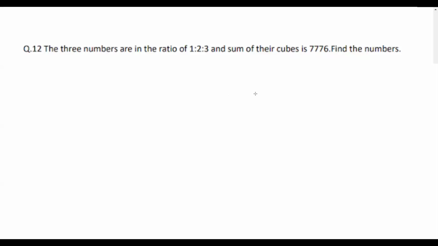Now we are on the last question of this worksheet. Question number 12 says the three numbers are in the ratio 1:2:3, and the sum of their cubes is 7776. We have to find the numbers. So let's assume these are in ratio, so I can take the three numbers, one be x, the other 2x, and the third 3x.